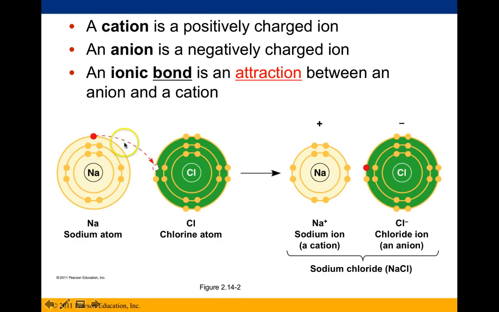So you can see here sodium has 1 electron in its third orbit, whereas chlorine in its third orbit, or third valence shell, has only 7 electrons.